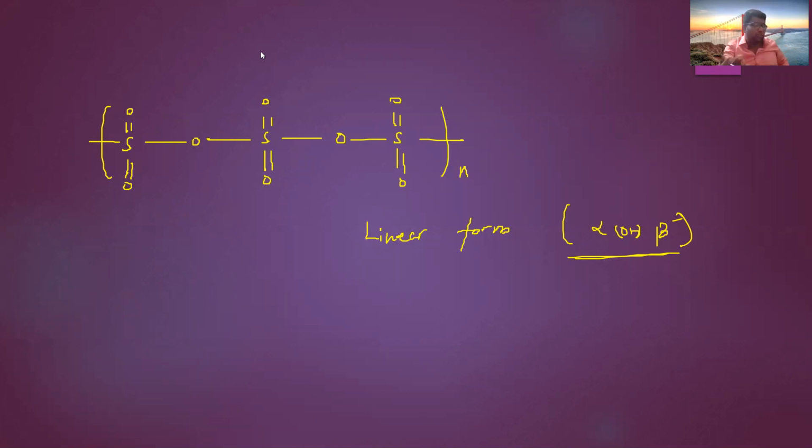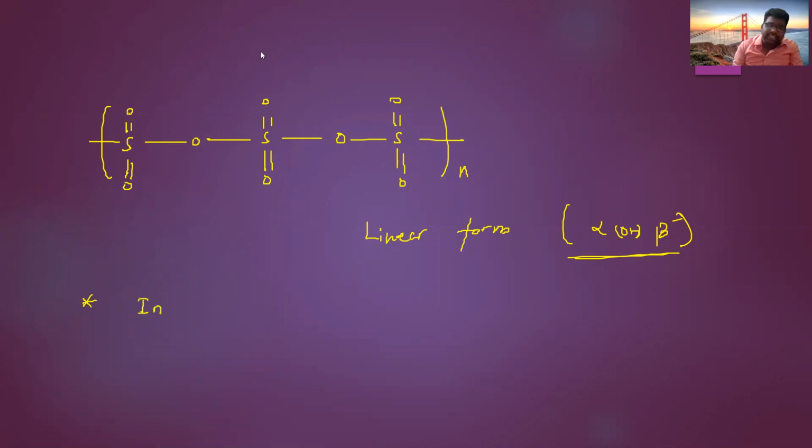In this linear structure, how many sigma and how many pi bonds are present? Anyone? What is the ratio of sigma and pi? A double bond contains 1 pi bond and 1 sigma bond, student. How many pi bonds are present? You don't know about it?